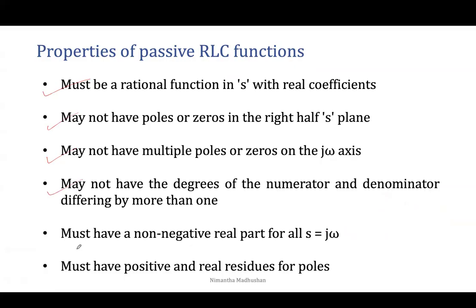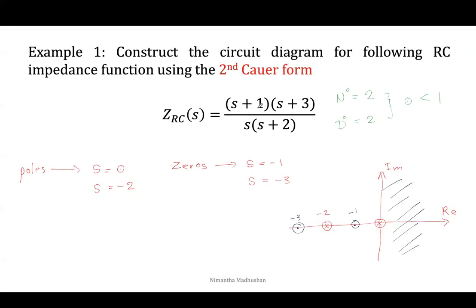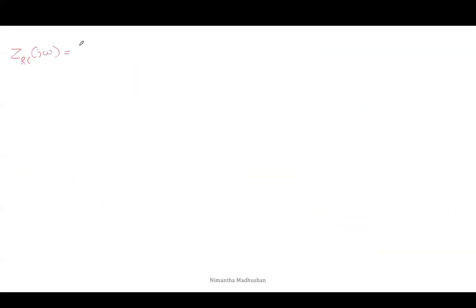And the fifth one is that it must have a non-negative real part for all s equals j omega. For that, we have to assign s equals j omega. Z_RC(j omega) is equal to (j omega plus 1)(j omega plus 3) over (j omega plus 2)j omega. Now we have to solve this.